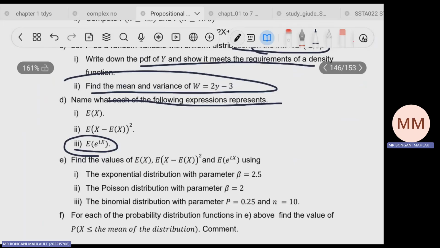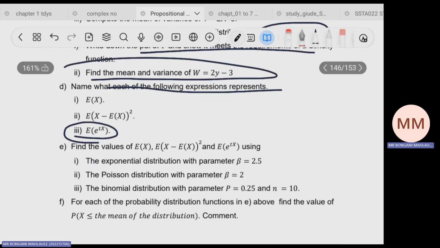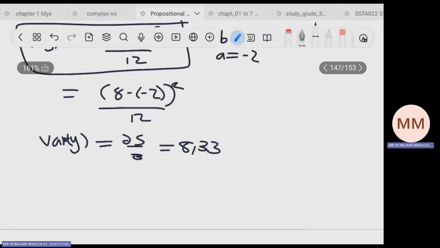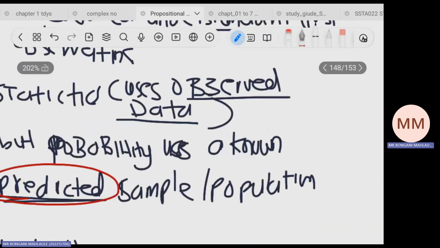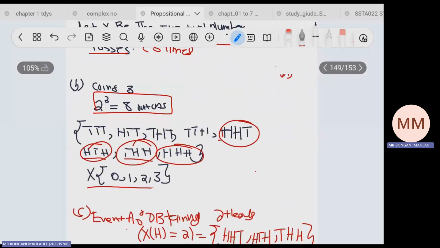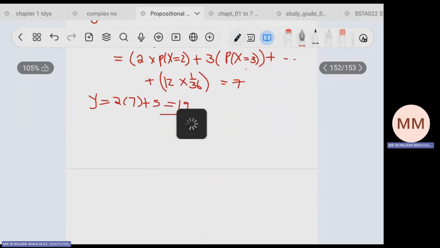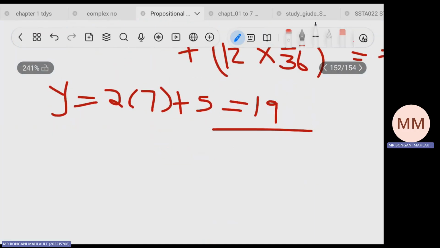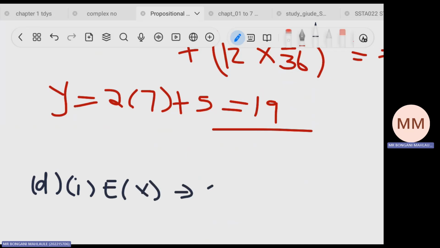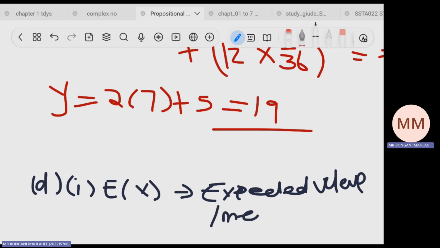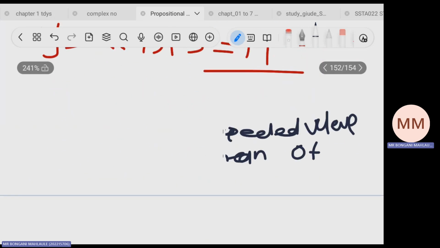And then this one obviously is the variance. And then the first one is going to represent the mean. So let me just write these things. So the first one, it shall be the expected value E(X). This is just the expected value or mean of a random variable.